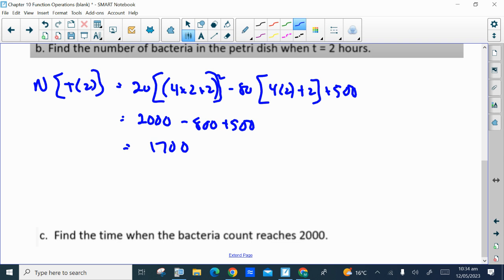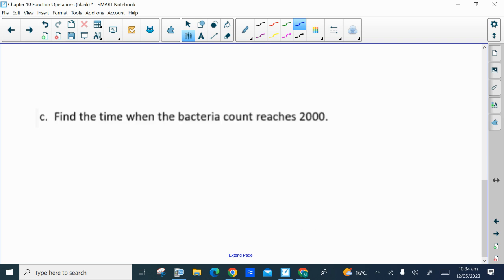Okay, and part C, find the time when the bacteria count reaches 2,000.